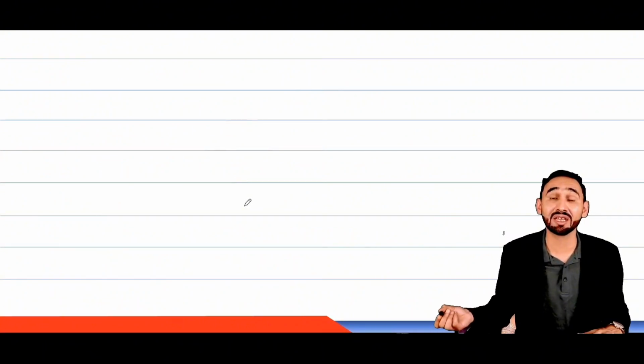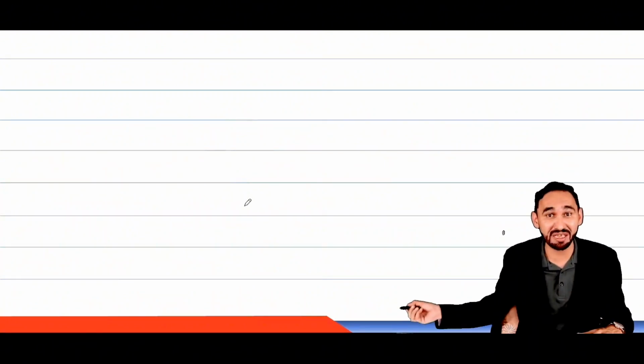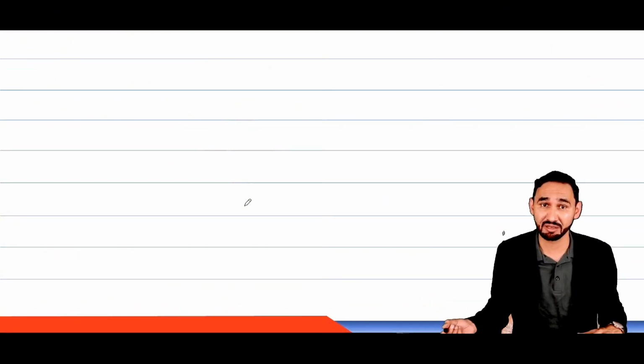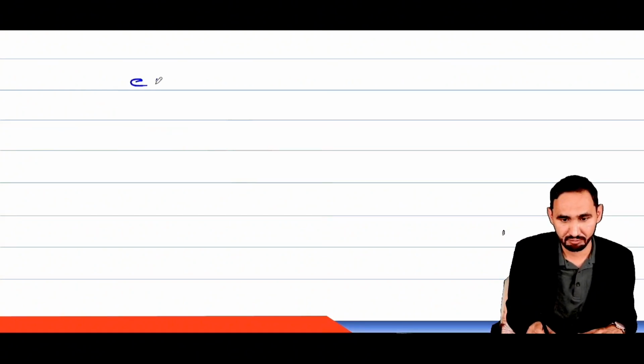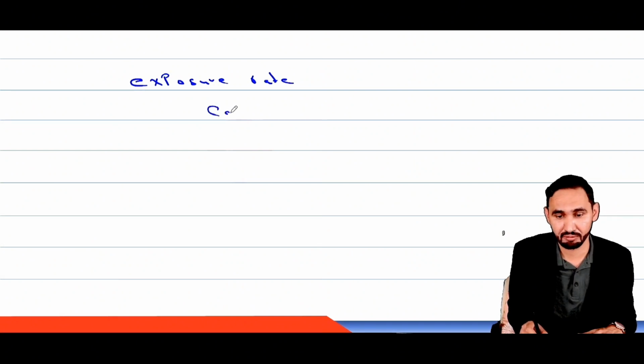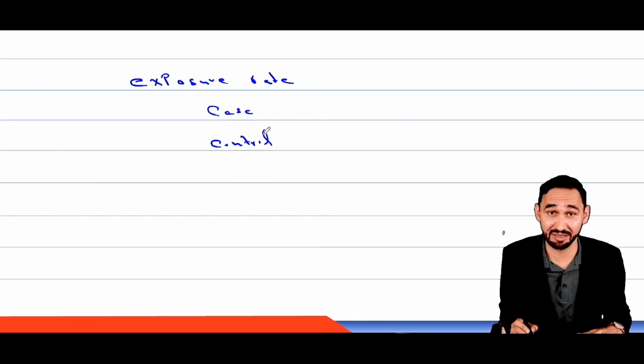So what will we analyze? What will we measure in a case control study? We can't measure incidence. We can't measure prevalence. We will measure the exposure rate of cases and controls. If the exposure rate of cases is greater, then we can say that there is an association between the risk factor and the disease.